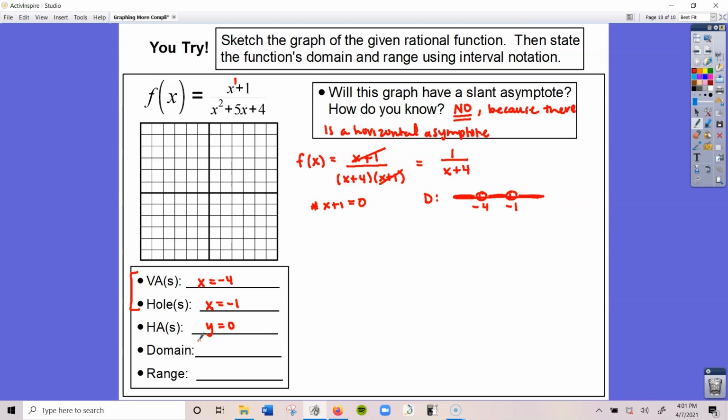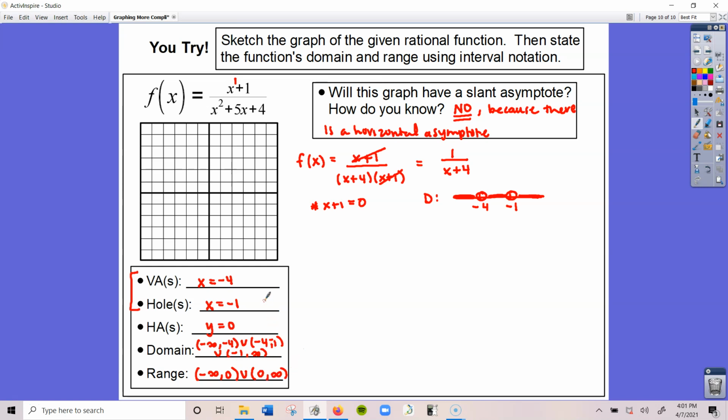So that makes my domain from negative infinity to negative 4, union negative 4 to negative 1, union negative 1 to infinity. The range is restricted by the horizontal asymptote. Since we have a horizontal asymptote at y is equal to 0, that means that my range is all real numbers except 0. So from negative infinity to 0, union 0 to infinity.